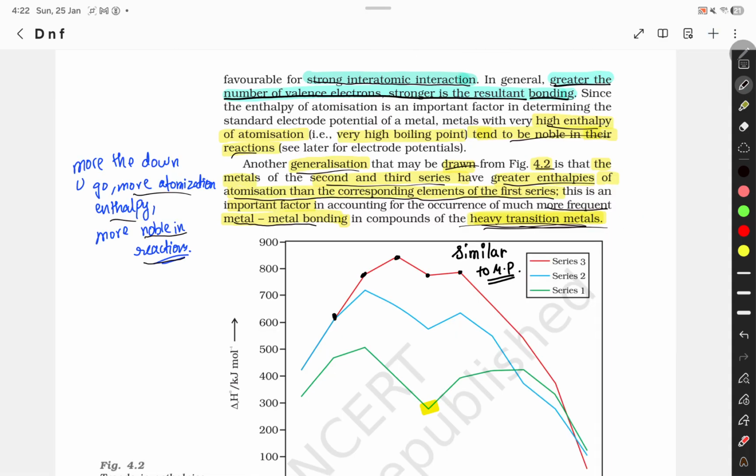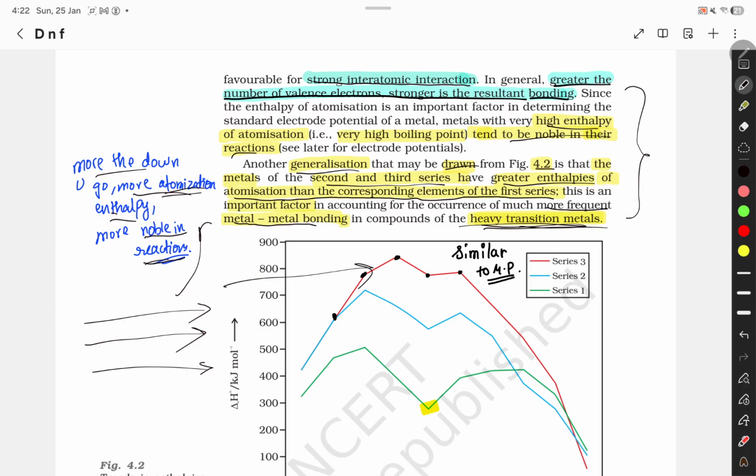Summarizing this huge paragraph, the further along the series you go, as in more rightwards, the more the atomization enthalpy, and the more the nobleness in reactions.